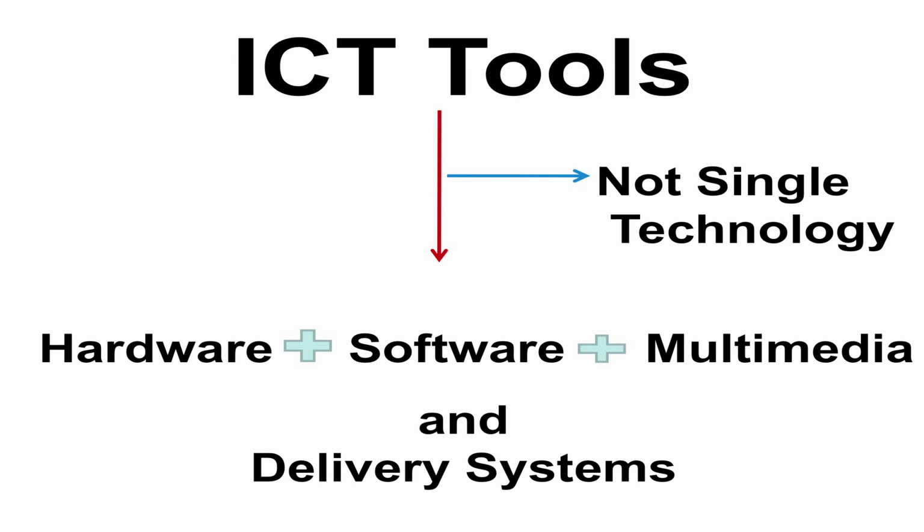You see in the computer you get Microsoft Word or PowerPoint or Excel and many more. That is just one I have given you as an example, plus your multimedia, and the delivery system. That consists of all the ICT tools.